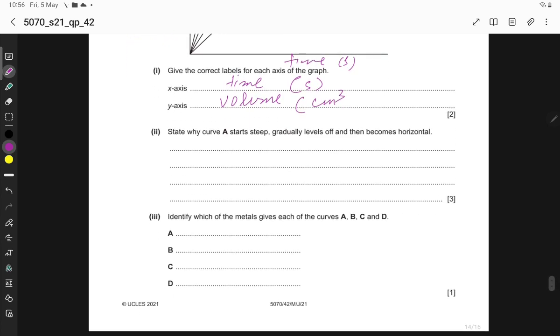State why curve A starts steep, gradually levels off and then becomes horizontal. The steeper the graph, the faster the rate of reaction.